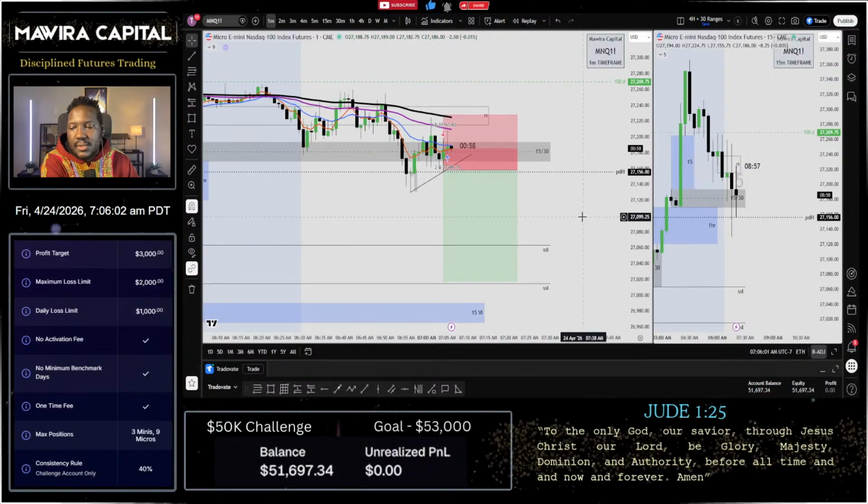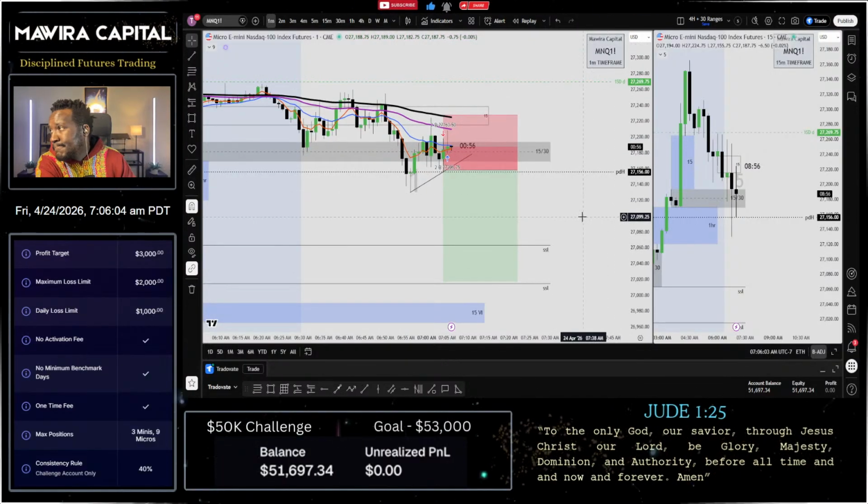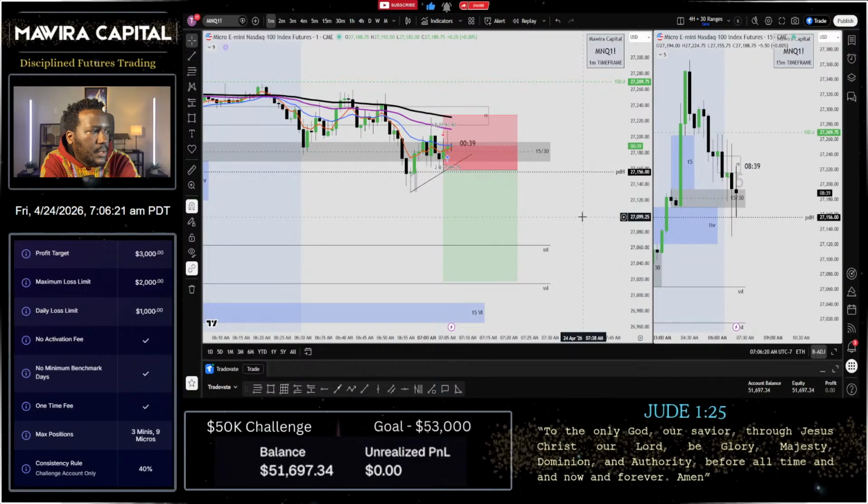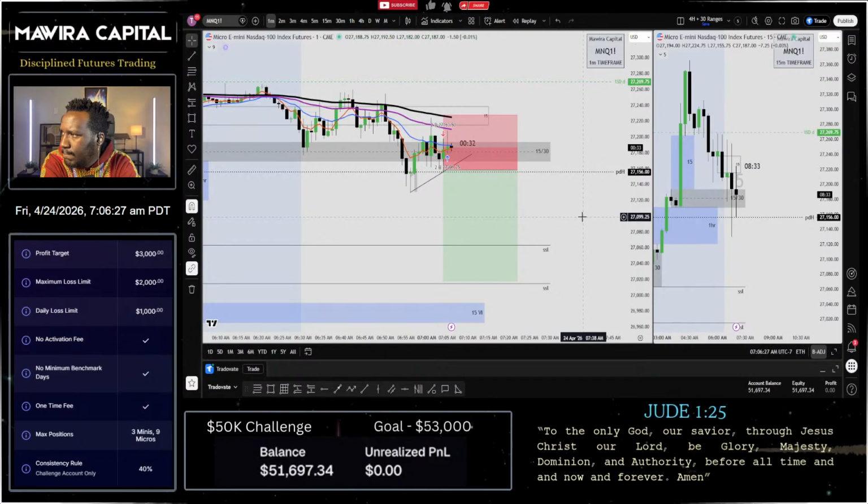What am I doing? It could still work, y'all. Should have waited for closure below that zone, y'all. We have time. 173 down the hole. I think I'm done for the week.